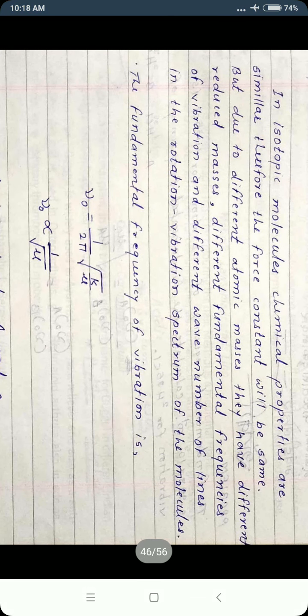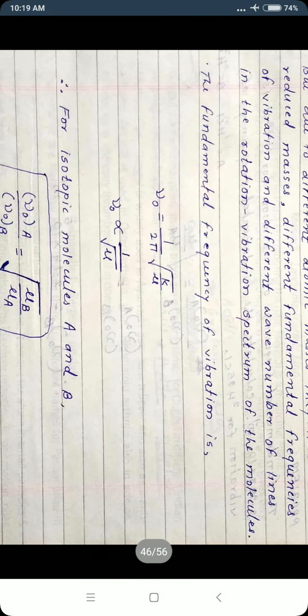If we consider that k and π are constant, this equation becomes: the fundamental vibrational frequency is inversely proportional to the square root of the reduced mass.